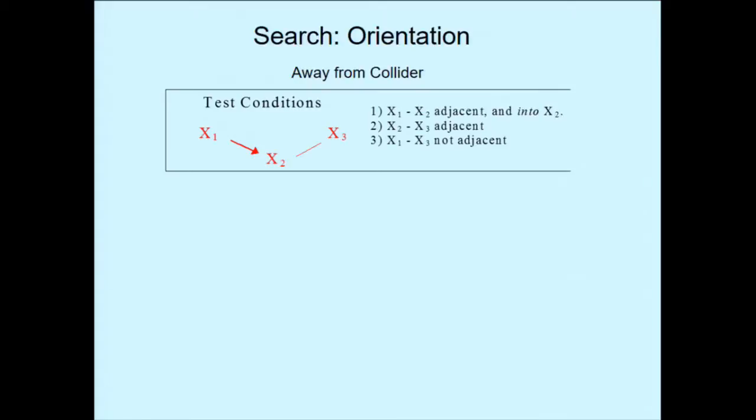So x1 and x2 has been oriented by that collider test, but x2 and x3 was not oriented.